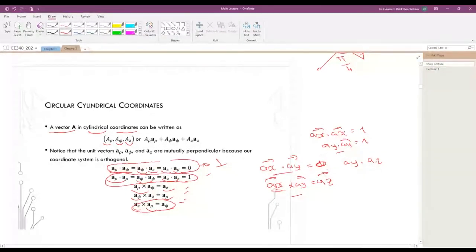These are similar relationships to the Cartesian coordinate system.